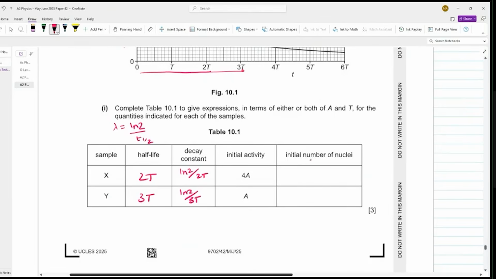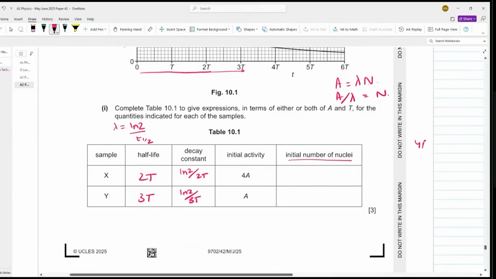Now you have to calculate the initial number of nuclei. How will you calculate the initial number of nuclei? Do you remember any formula of activity? Activity is equal to the decay constant into the initial number of nuclei. Activity divided by decay constant is equal to N. What is the activity of X? 4A.